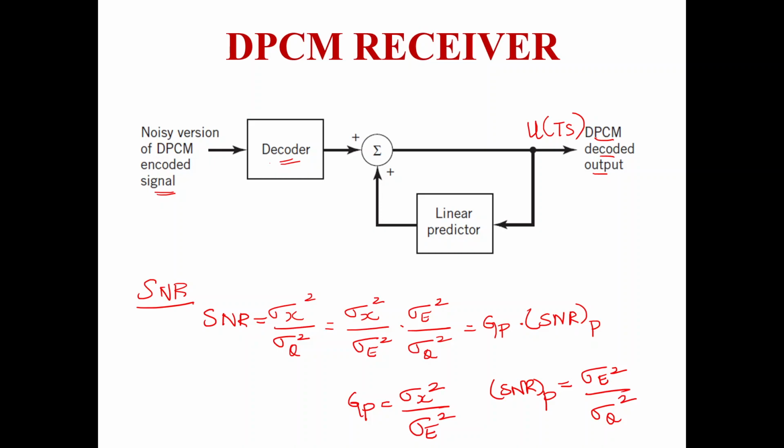So, for a given baseband signal, the variance sigma x square is always fixed. It is not a variable quantity, it is a fixed quantity. Hence, Gp can be maximized by minimizing the variance of the noise. In this way, we can improve the SNR of your DPCM method. Thank you all.